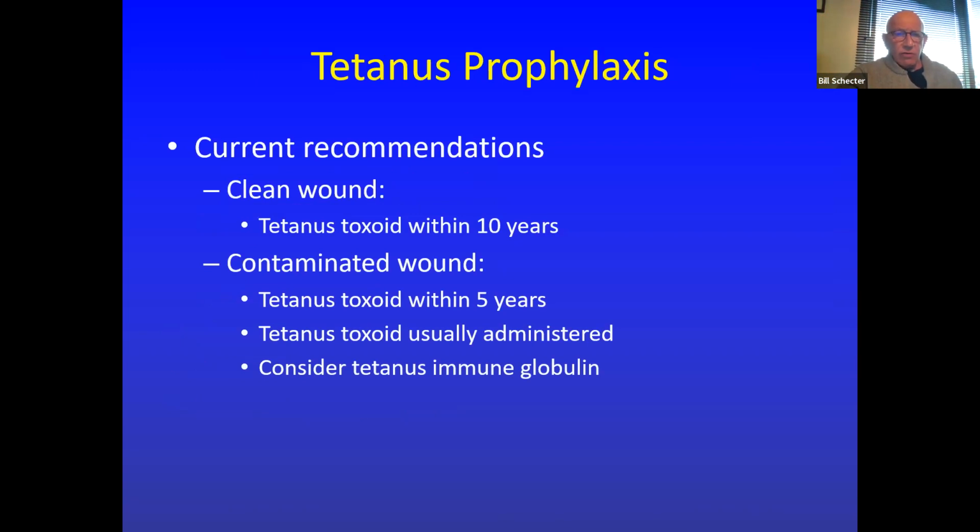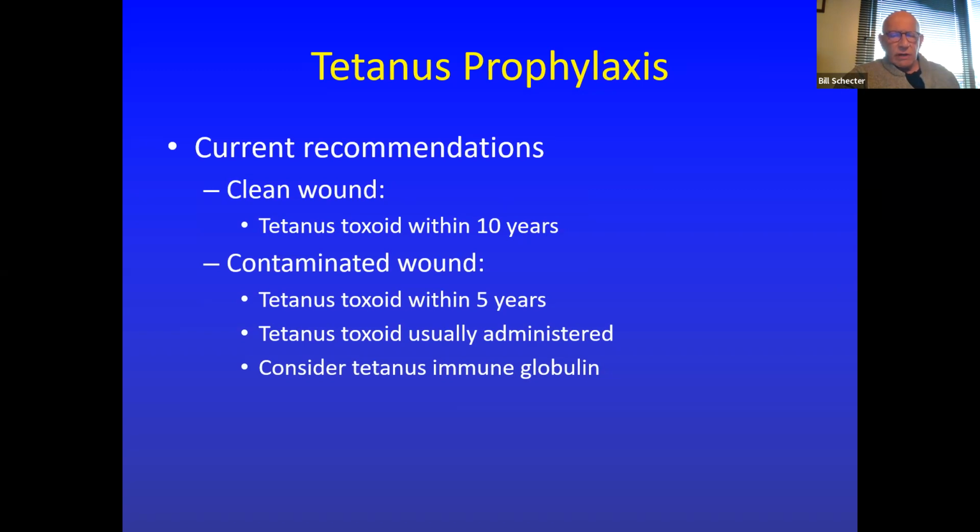Now, of course, tetanus prophylaxis is important, and you guys know more about tetanus prophylaxis in your particular situation than I do. But just the current recommendations, of course, is that for clean wounds, the patient should have a tetanus toxoid injection within 10 years, for contaminated wounds within 5 years, and then you can consider administering tetanus immunoglobulin, particularly.